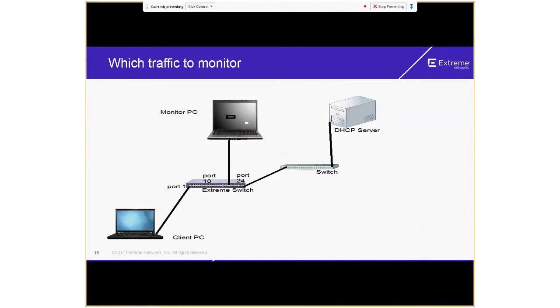I wanted to see whether the DHCP packets from the client were coming into port 1 and exiting out of port 24 towards the third party switch. I also asked the customer to take a capture at the DHCP server, so that we could see if these packets were making it to the DHCP server.